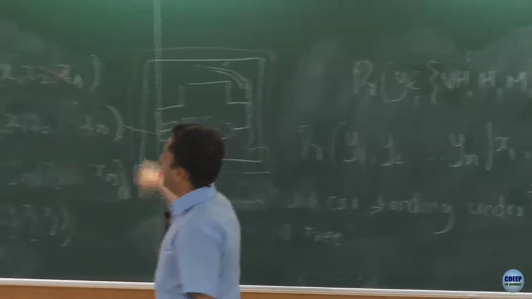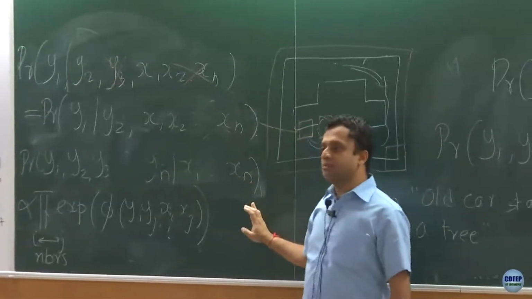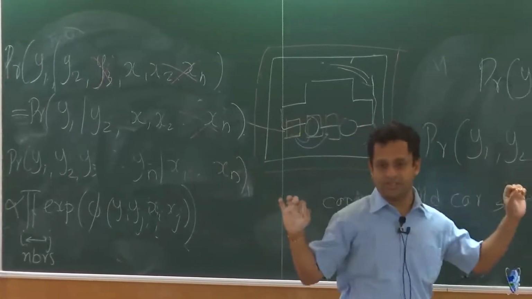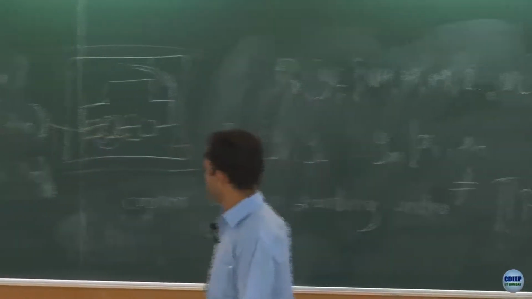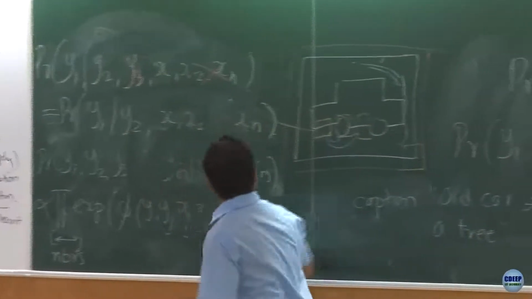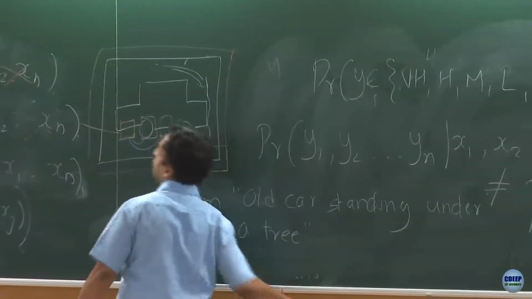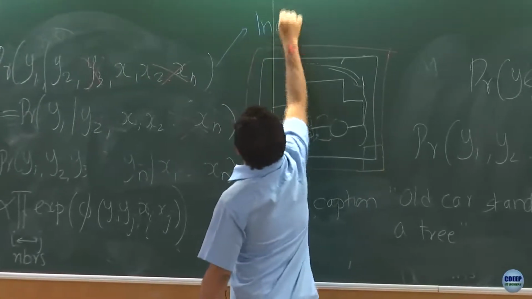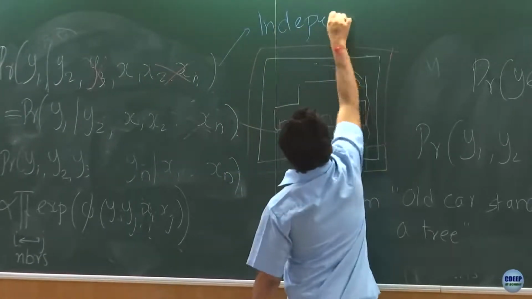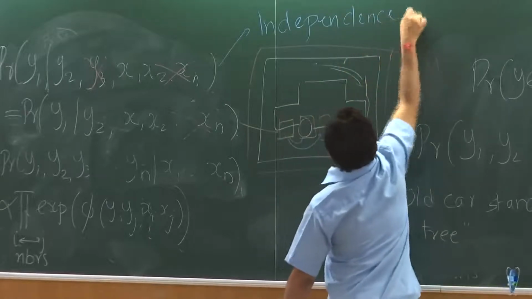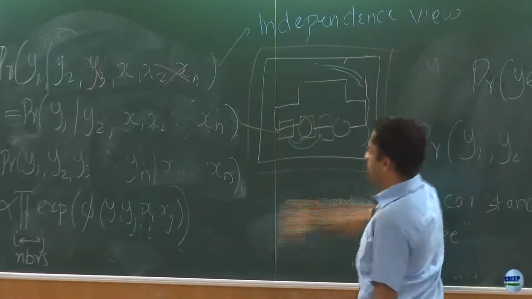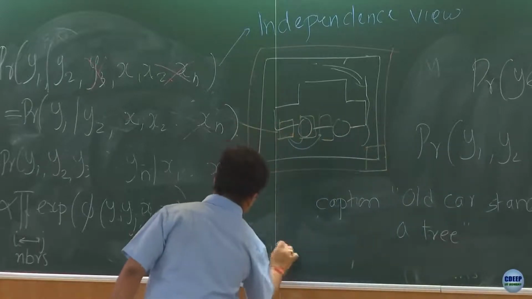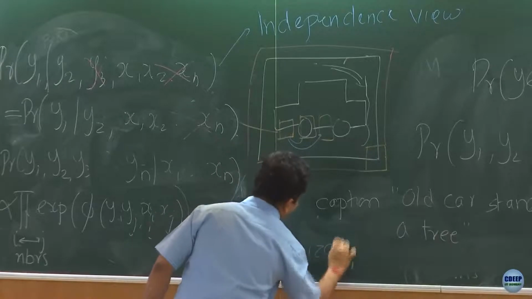One is in terms of independence and the other is in terms of the specification of the distribution through factorization. This is the independence view and this is the factorization view.